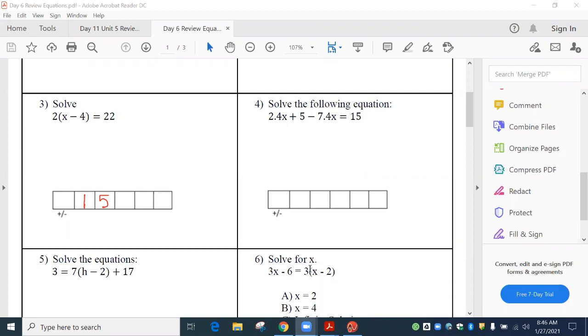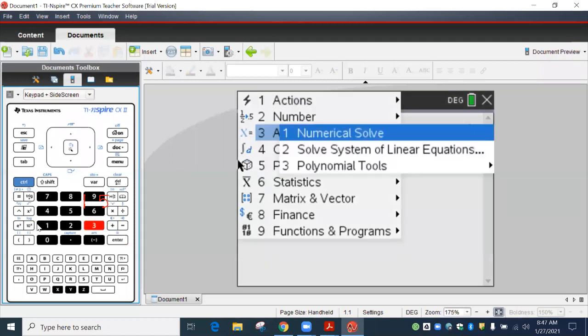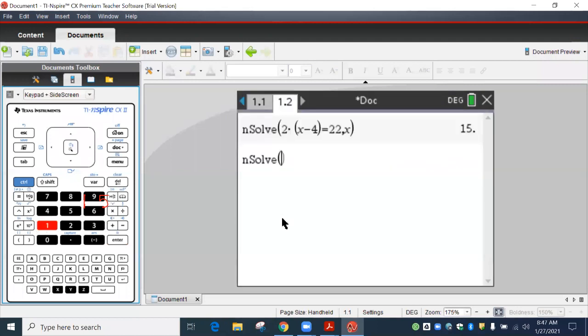So where are we going to go? We're going to go to our regular calculator and we're going to hit, what are we going to hit? Very good. Menu 31. So go ahead and type this in your calculator real quick.